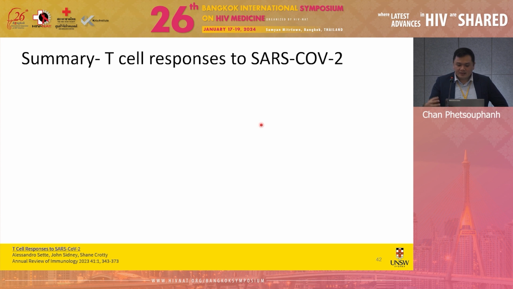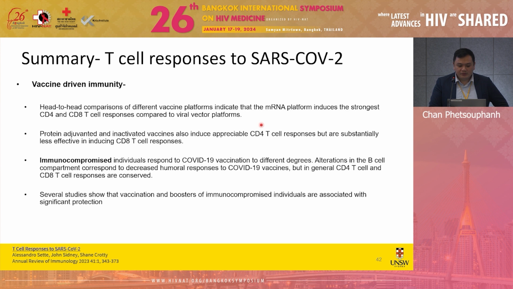And then to summarize all we know about T-cell responses to SARS-CoV-2 vaccine-driven immunity, when you do head-to-head comparisons of the different platforms, the mRNA platform induces the strongest CD4 and CD8 response compared to viral vector platforms. Protein adjuvanted or inactivated vaccines do induce appreciable CD4 responses, but are less effective in inducing CD8 responses.